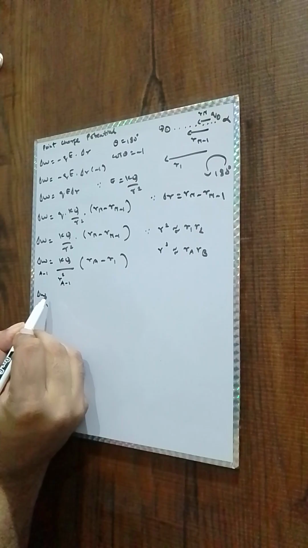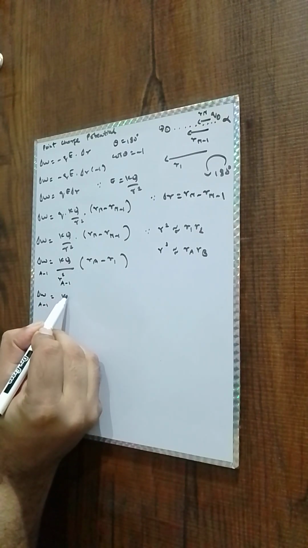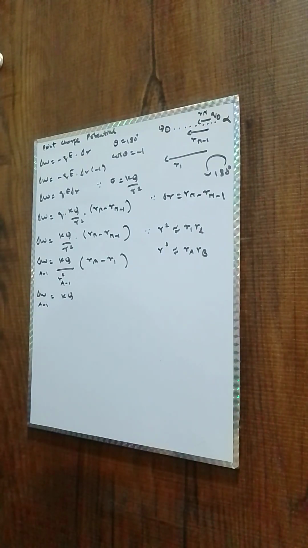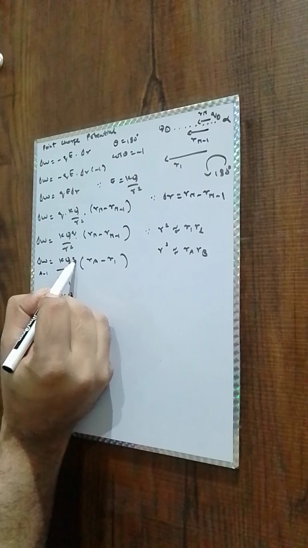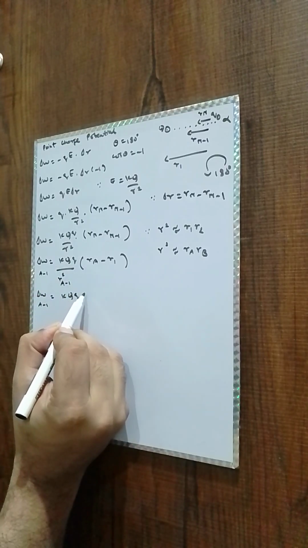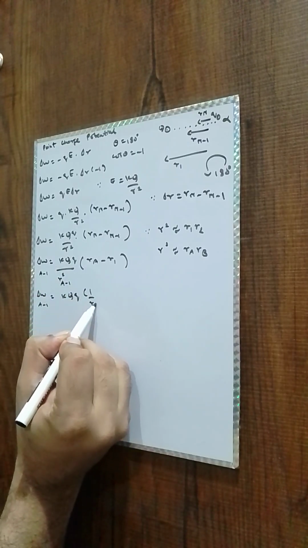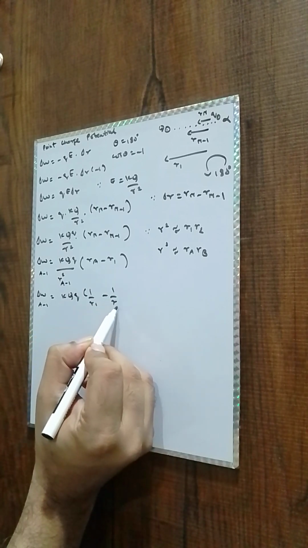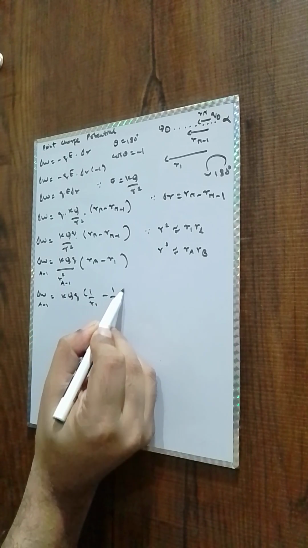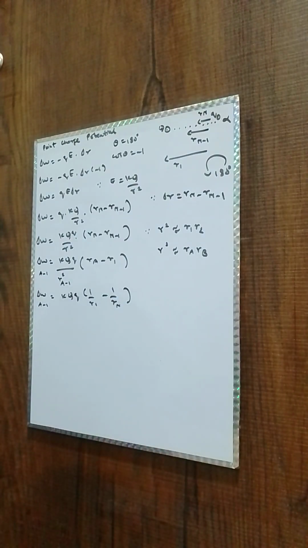So the differential work from A to 1 in this case is KQQ into 1 by R1 minus 1 by Rn, let's say. In this case, ABC can be points 1, 2, 3.